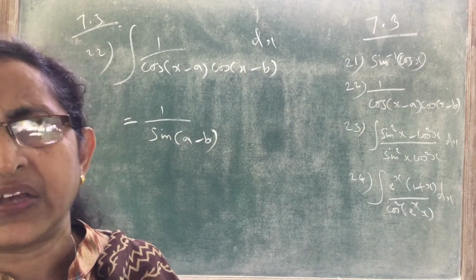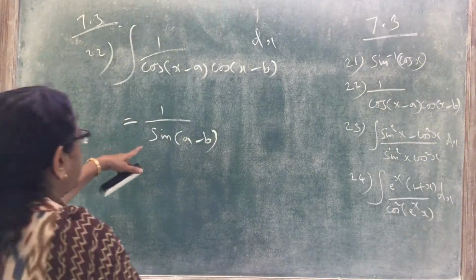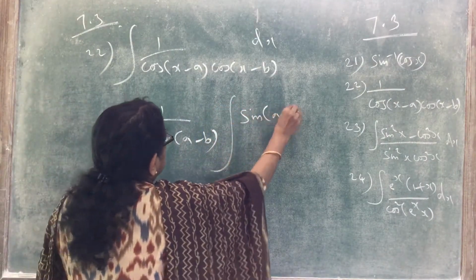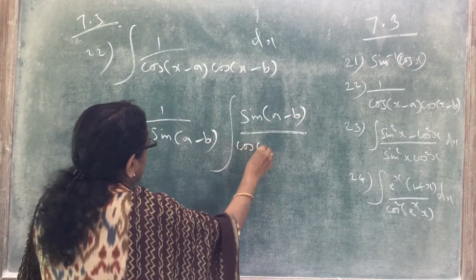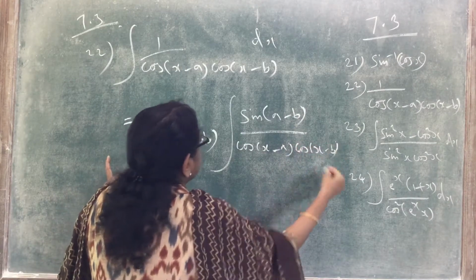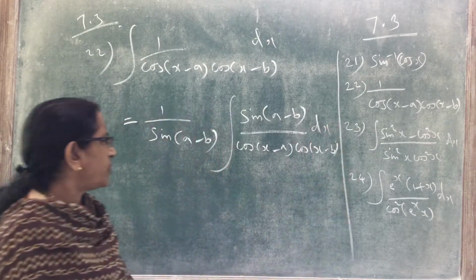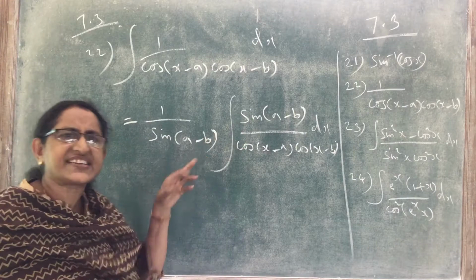So dividing by sin a minus b, we write outside the integral, and inside the integral we write sin a minus b divided by that same function cos x minus a into cos x minus b, dx. So what we have done is multiply and divide by sin a minus b, which is a constant.